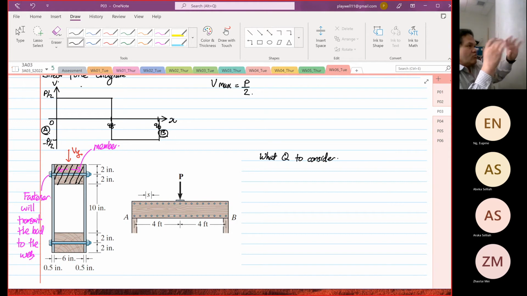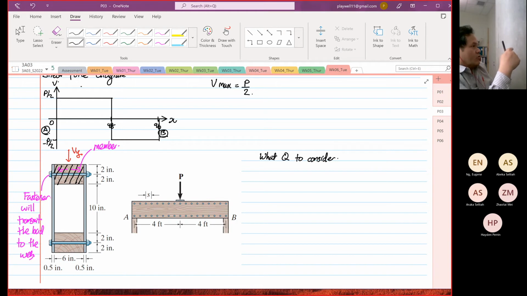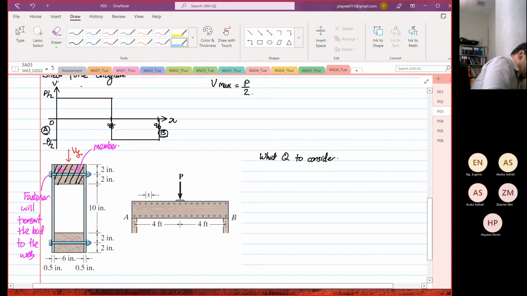Later on, we will do more examples on this, but now just hear me out first. I repeat again, the member, right? Remember what I told you, two things. The member will distribute the load. So that's the member that's distributing the load. After the member distributes the load, the fastener over here will transmit the load to the what?